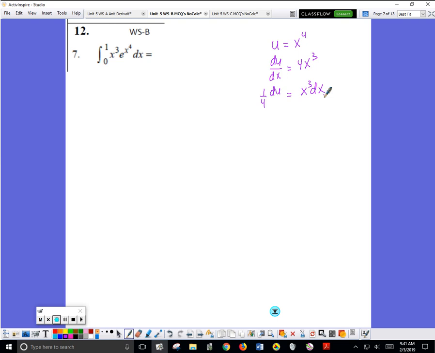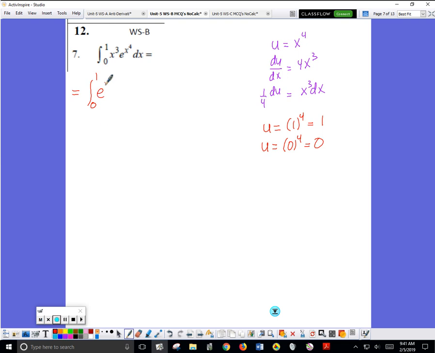Now we've got to change the limits. Let's go ahead and do that now as well. The limits actually don't change at all. So my new limits are 0 and 1.